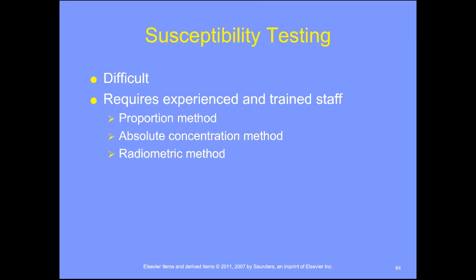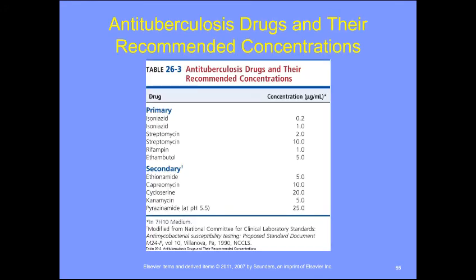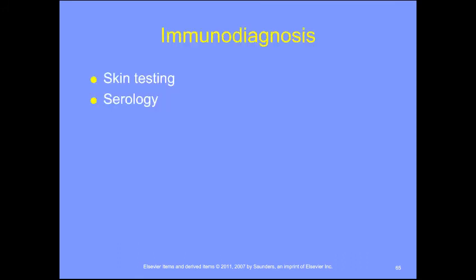Anyway, I will just have to inform you. I'll ask the one that is more expert on this. Okay. So these are the other anti-tuberculosis drugs and concentration. Immunodiagnosis, skin testing, and serology. And we're done. Okay.